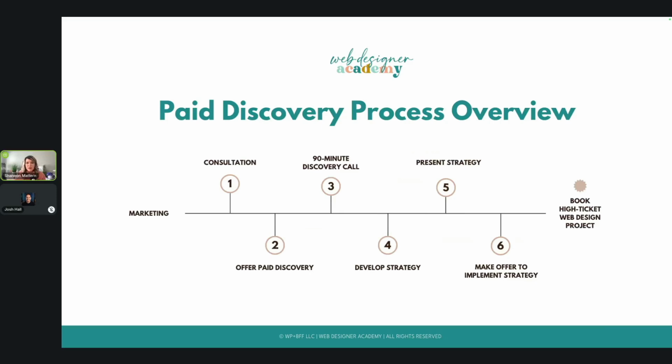And then separately, you will send them an offer to implement the strategy, because we don't want to mix the strategy and the sale. We truly want this to be like, we delivered a product to you. This is your product. There's no sale attached to this, but separately, I'm going to make an offer to you to implement this strategy, and then you can decide.